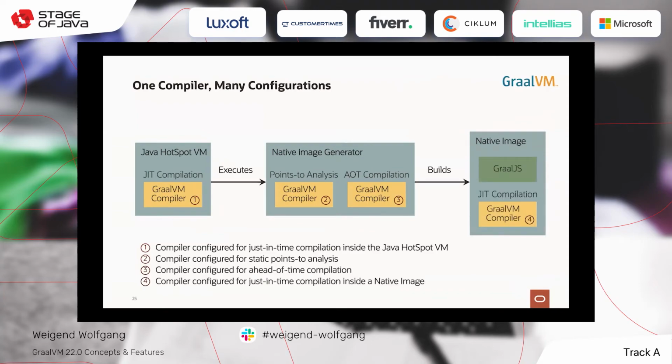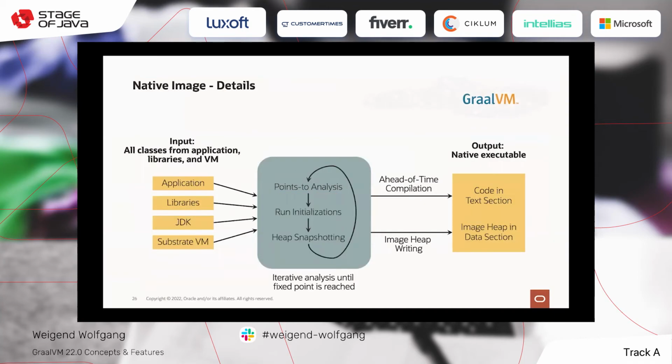And it could include the JavaScript area, and as well the whole stuff running on a JIT compiler inside the native image as a self-executable binary file.